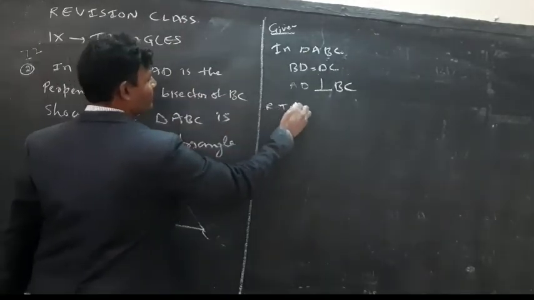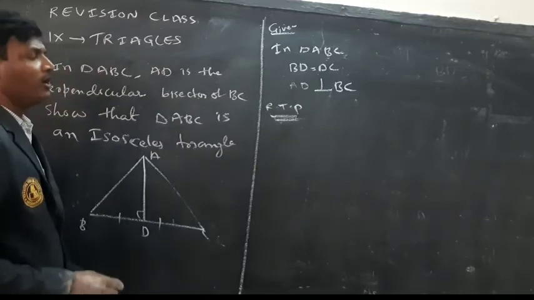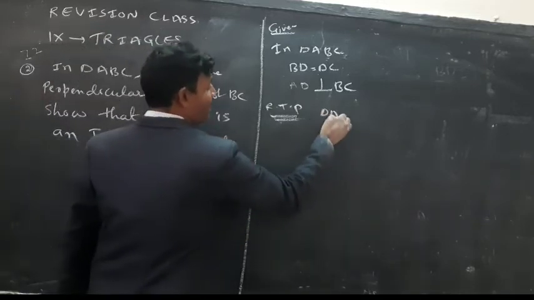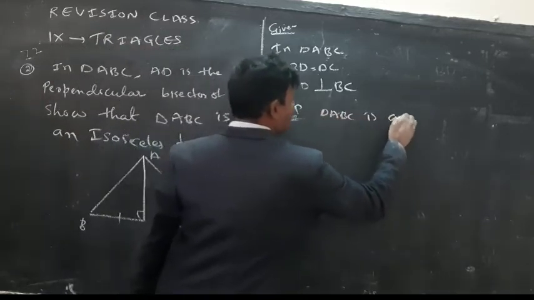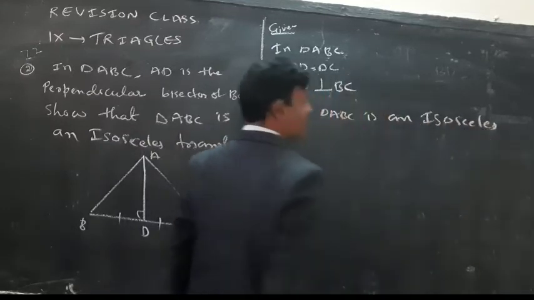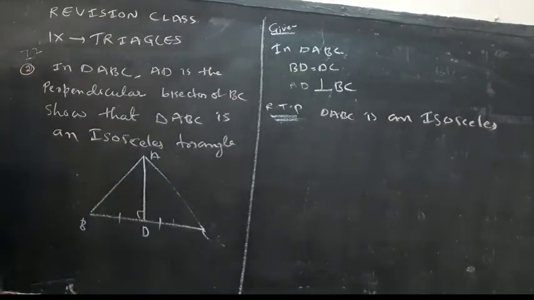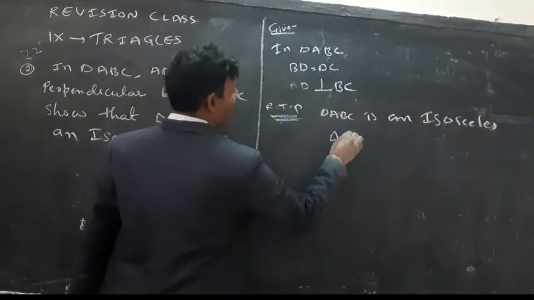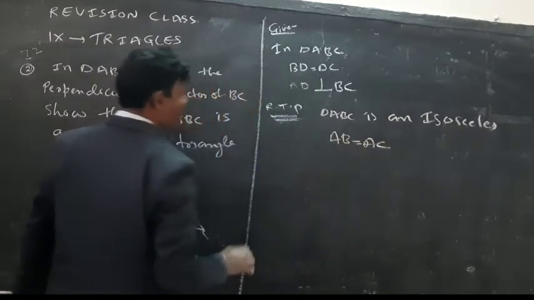Required to prove: what do you have to prove here? You have to prove triangle ABC is an isosceles triangle. It means you have to prove two sides are equal, that means AB is equal to AC.